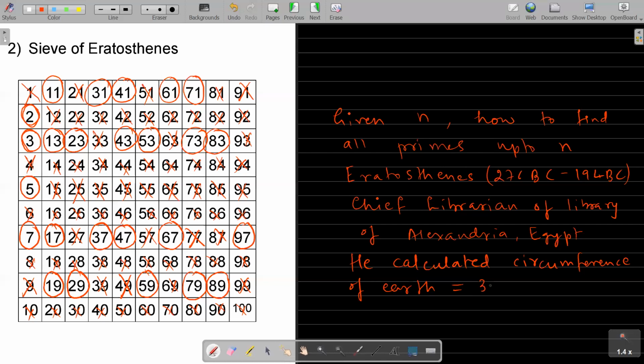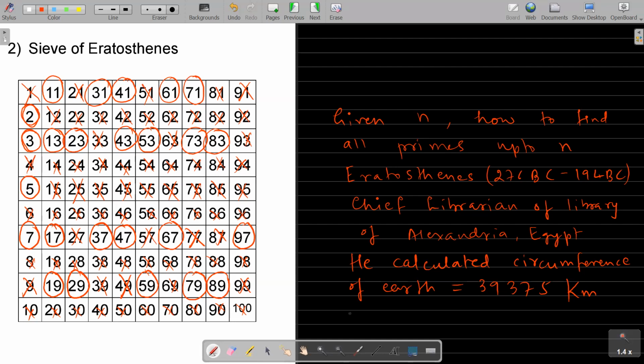In fact, the original answer was in stadia, the unit used in those times, I think 8,000 stadia, which converts to 39375 kilometers. You can imagine in those days, without any instruments like telescopes or computers or modern instruments, that was a great feat.